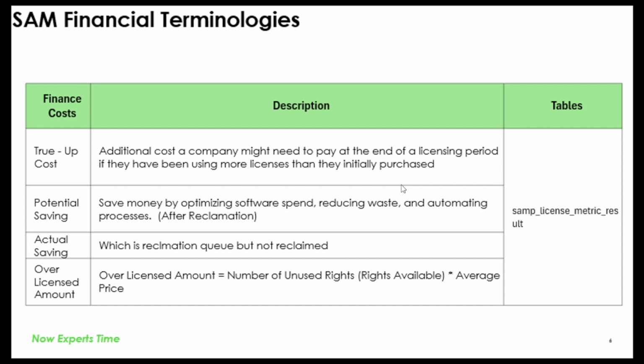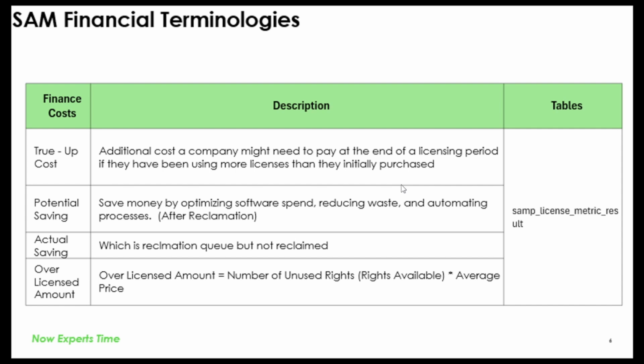In your entitlement the count is 1000, but the integration shows that 1500 users consumed, so you can see the difference there. You can easily identify how many licenses we additionally used and how much cost we need to pay the publisher. You can get this detail from the true up cost.